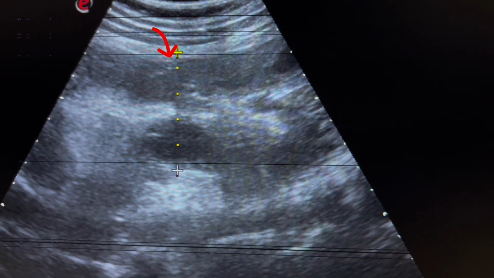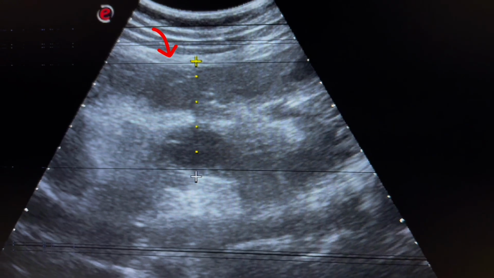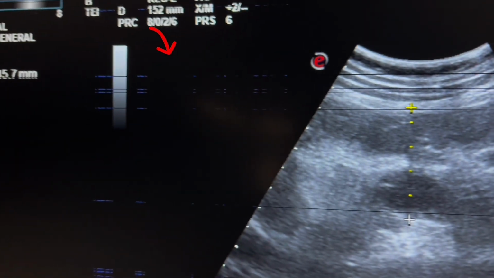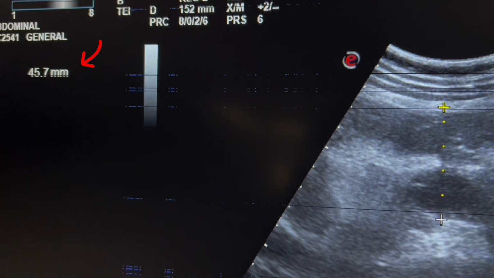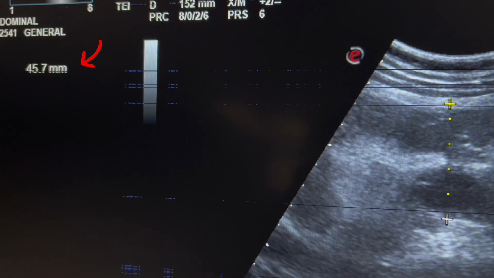Now we will measure the thickness of the ascending colon. The thickness of the ascending colon is 45.7 millimeters.